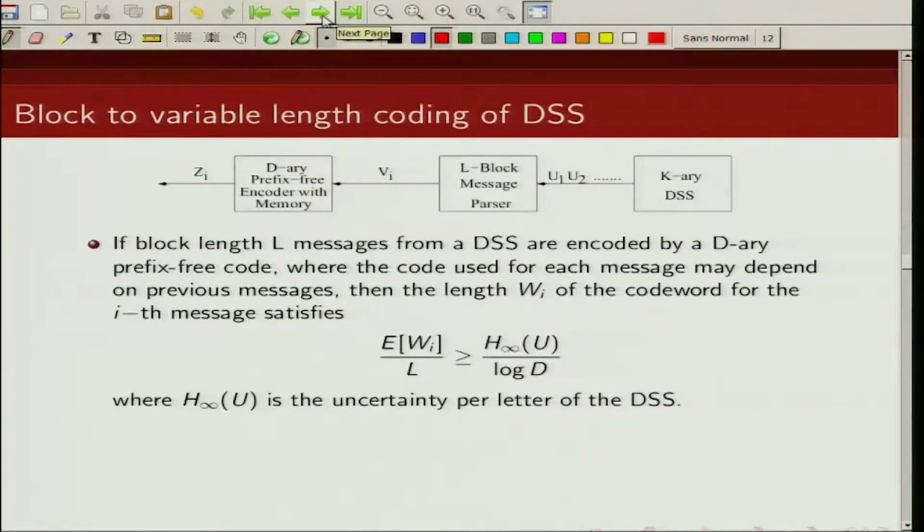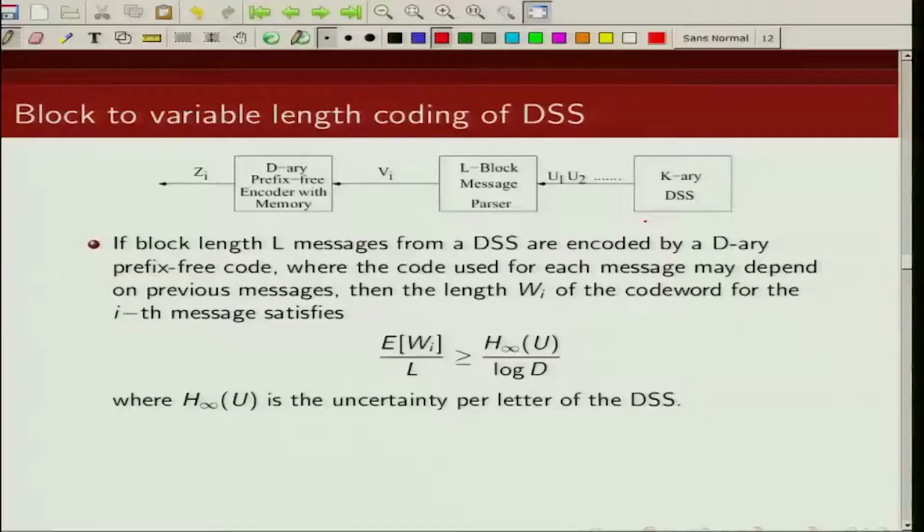Okay. Now that we have proved some properties of discrete stationary sources, let's go ahead and see how we are going to design a block to variable length coding scheme for a discrete stationary source. We have already studied this problem for a discrete memoryless source, and if you recall, we talked about optimal block to variable length coding, which was Huffman coding for a discrete memoryless source.